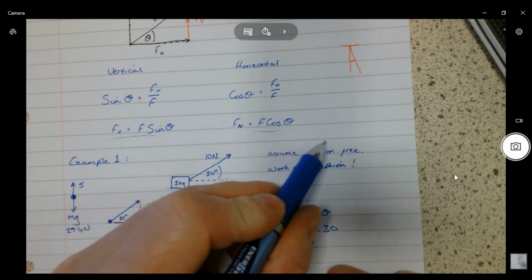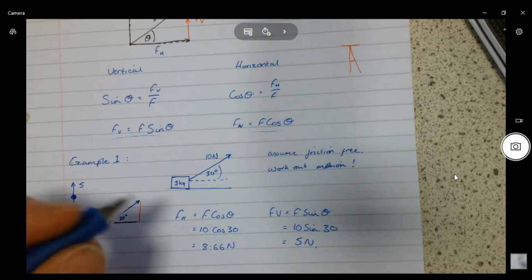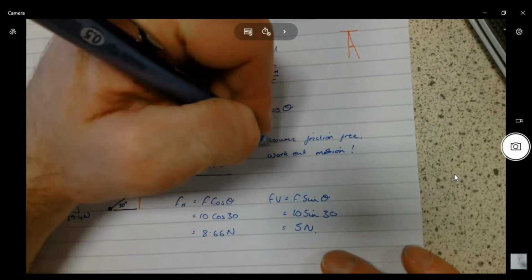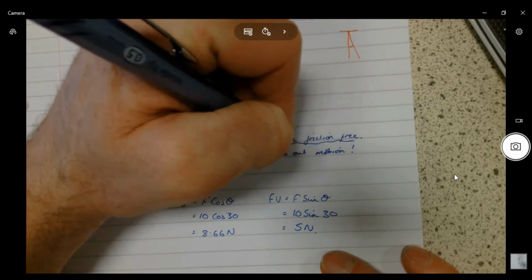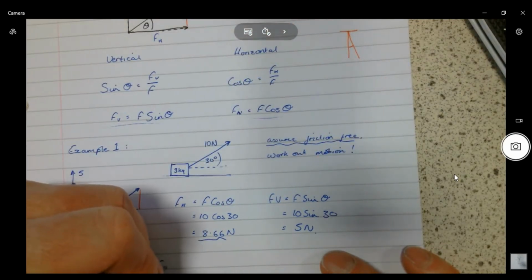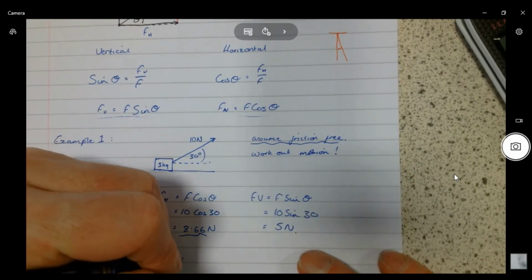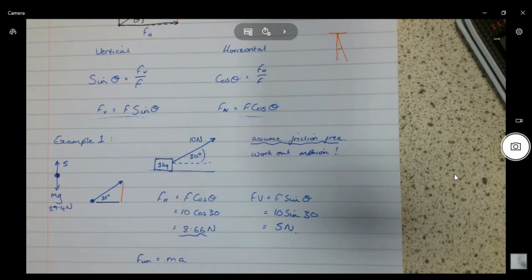However, if it's friction free on the surface, we have an unbalanced force horizontally of 8.66 newtons. So it's friction free, and therefore this is going to be fun. F equals MA.